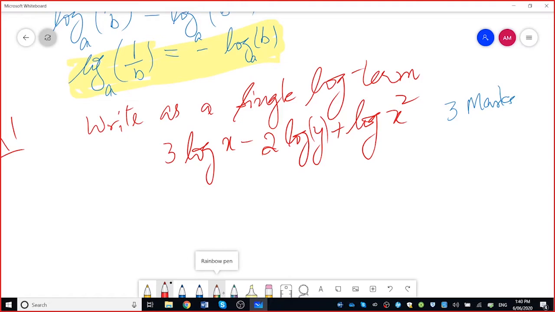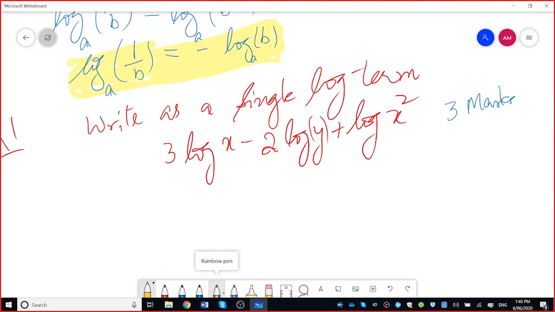So it should be a single log instead of these 3 terms. Log of something. There can be a number outside. Is it 12 log?